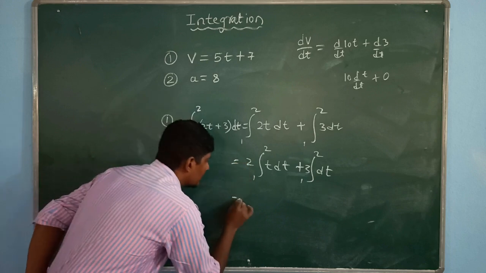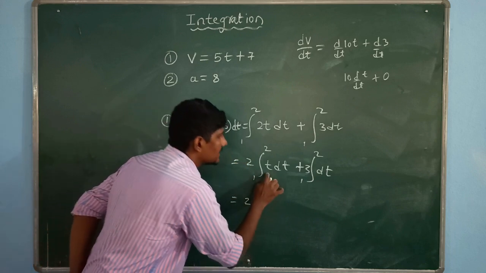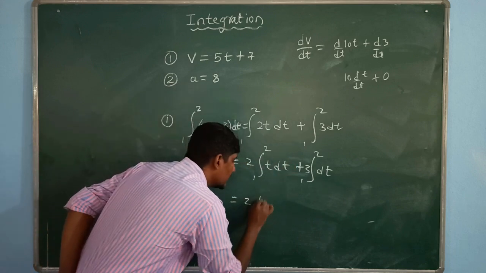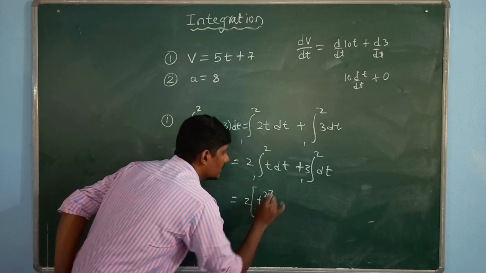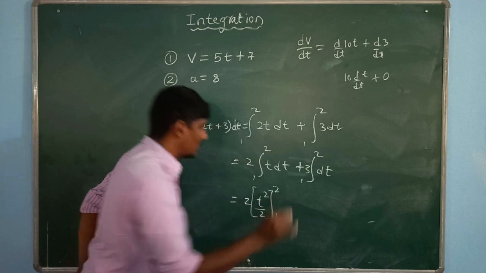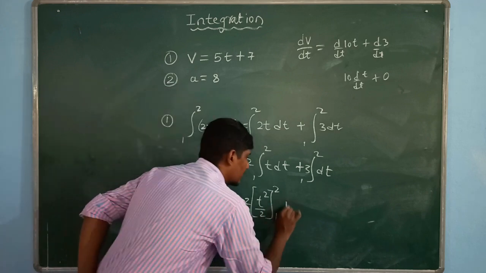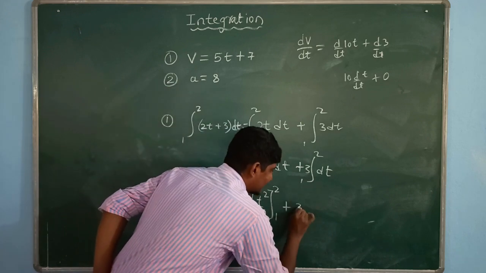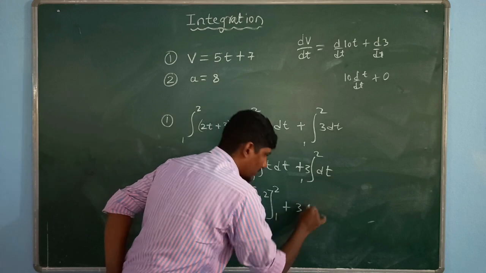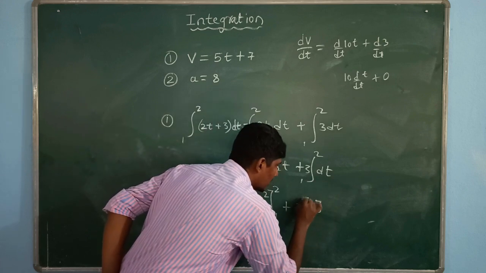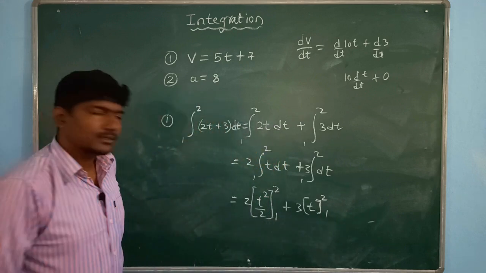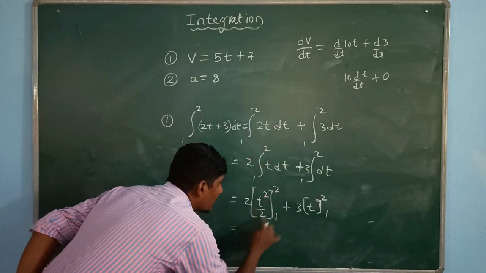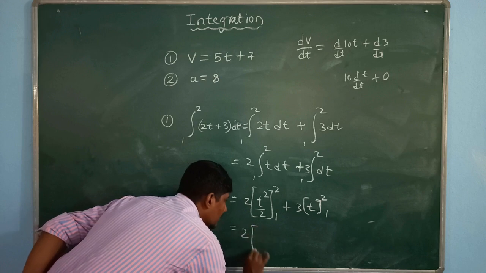So next step, 2 as it is, integration of t dt is what? t square by 2, put the bracket, write the upper limit and lower limit, plus 3 as it is, integration of dt is what? t. So put the square bracket, then write the limits. Correct? Now here you need to apply the limits. 2 will remain outside.